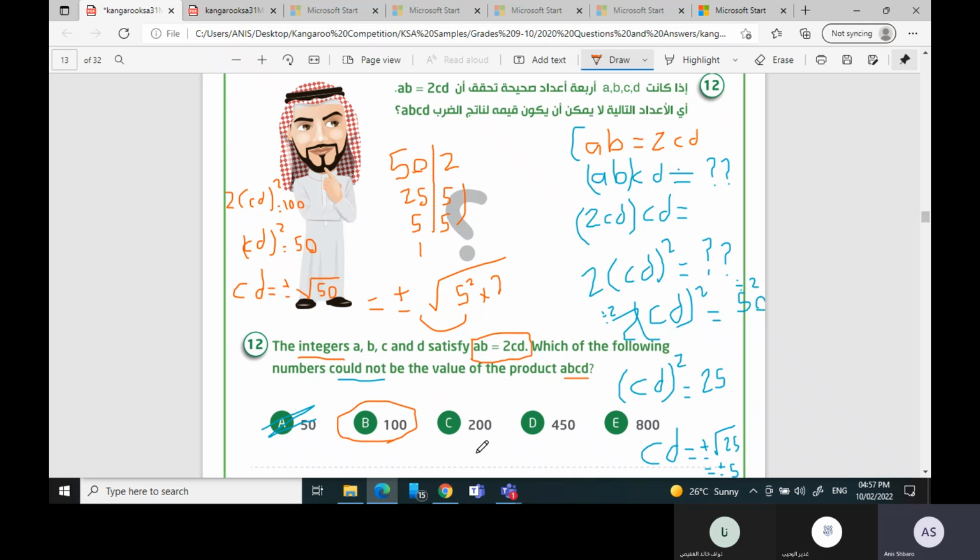Now, if you want to continue, of course, we can continue with 200. Simply divided by 2, we're going to be left with 10. And the radical 100 is simply 10. Okay? And 450 divided by 2, 225.